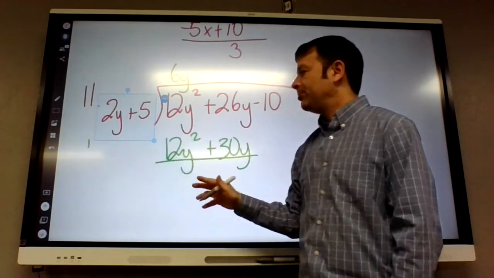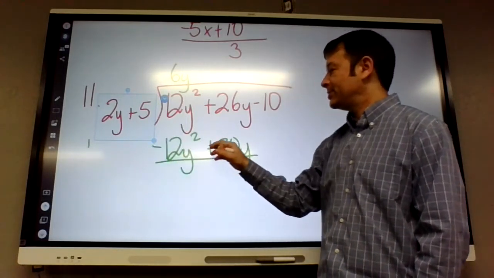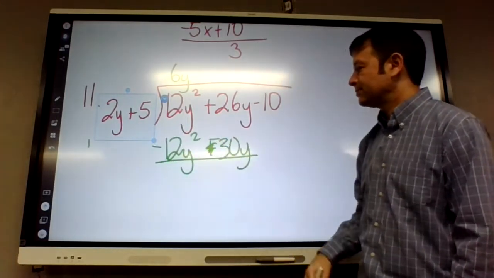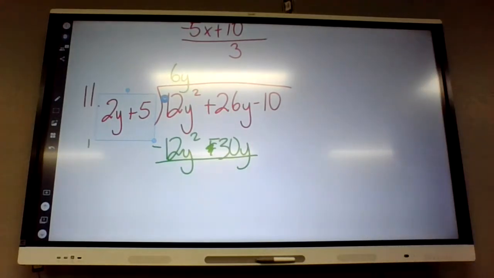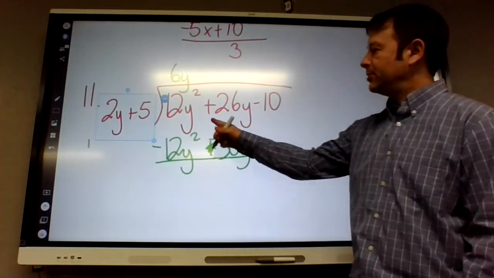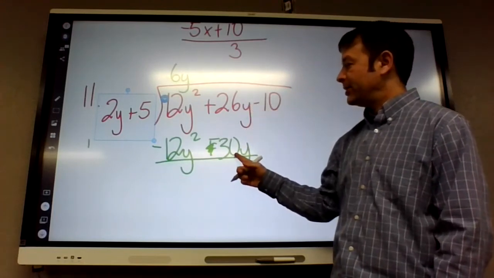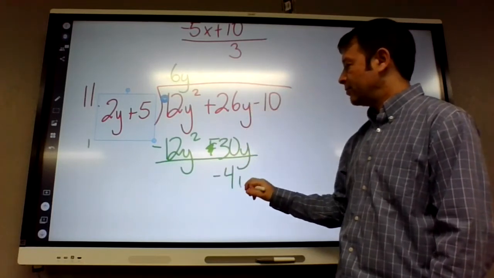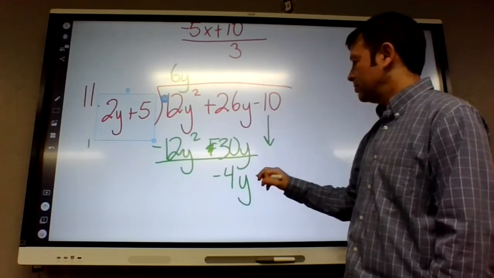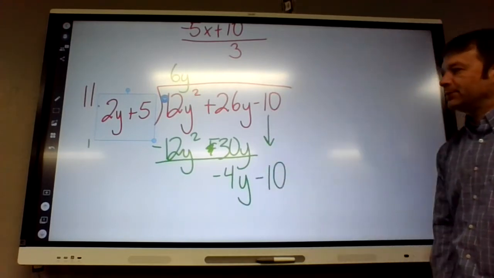But we need to minus the bottom line, so that becomes a minus and a minus. So the y squareds go away every time. 26y minus 30y, negative 4y. Bring down the minus 10.